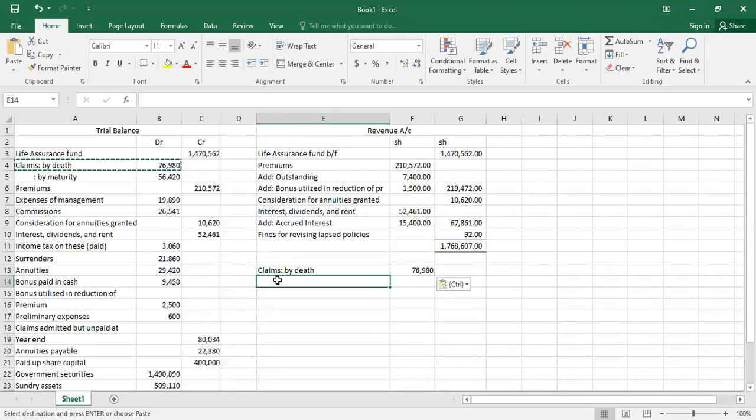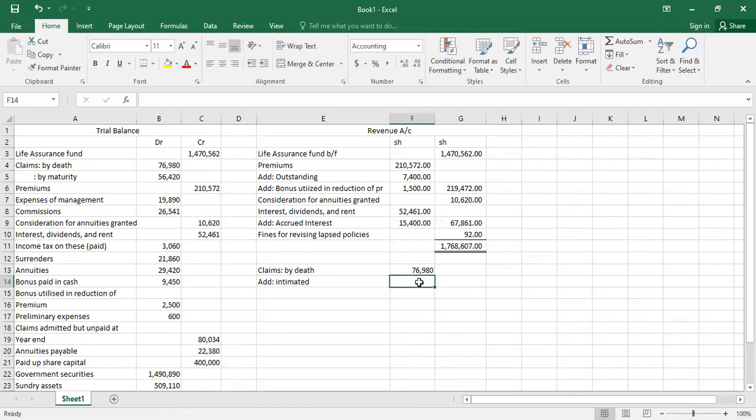There are further claims that were intimated, isn't it? What was the figure? Intimated? 8,000. Correct. 8,000.